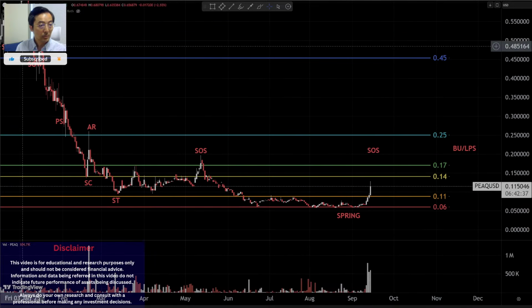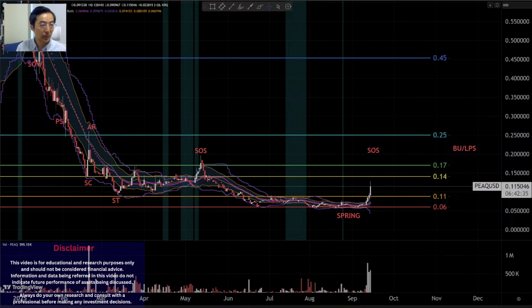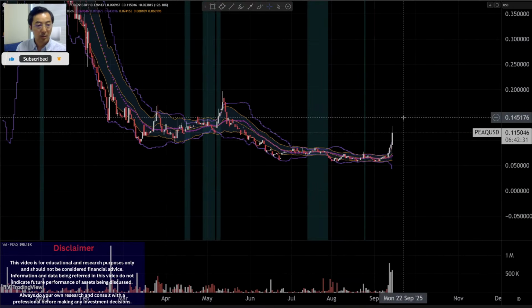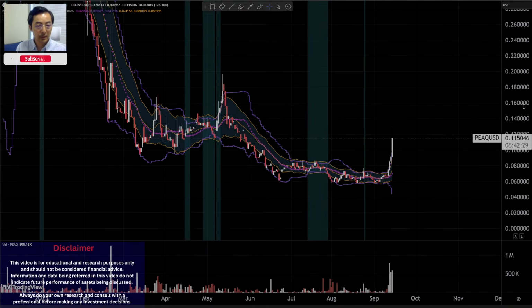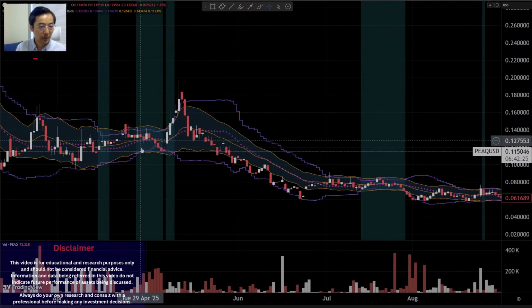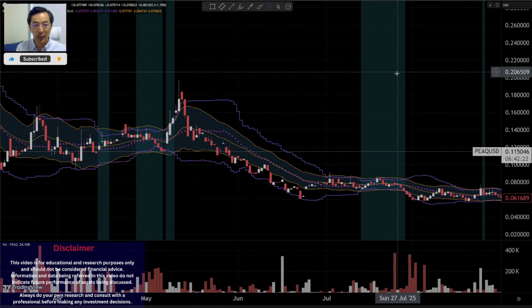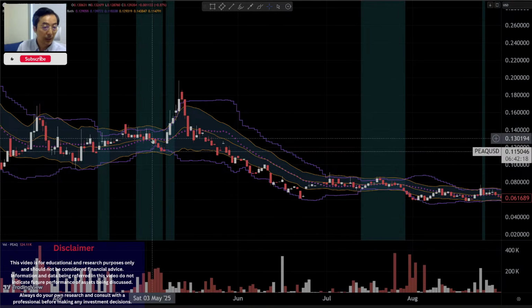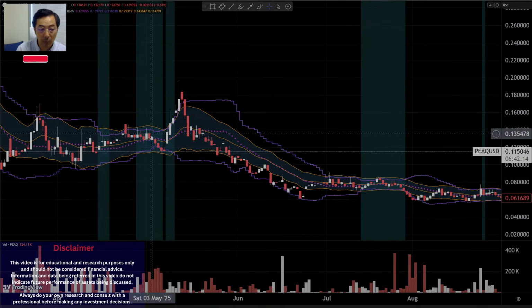So, one more check with Bollinger Band corner squeeze. Let's switch off all those lines. So, when this happened back in mid-May, there was a squeeze over there. You see these shades, these vertical straight shades at the back. That means according to the Bollinger Band corner squeeze indicator, a squeeze is happening.